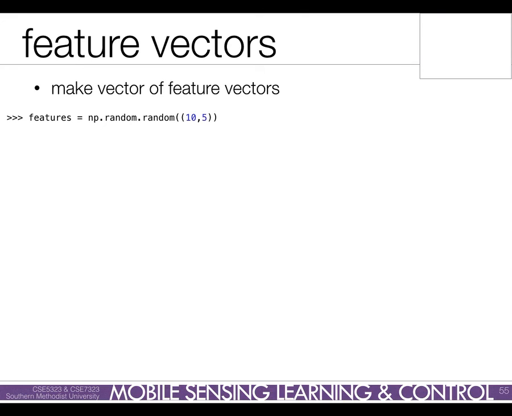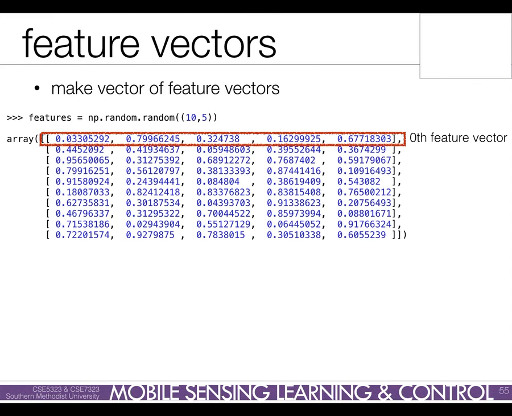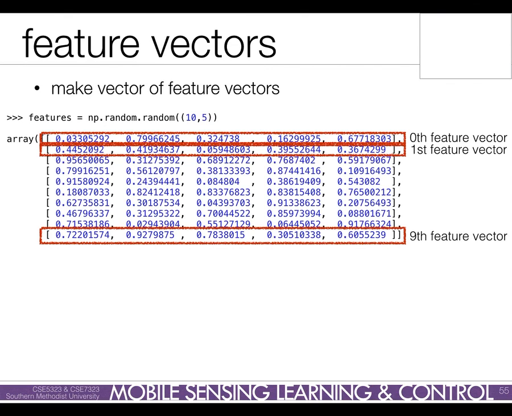So if I were to say features is equal to np.random, and I get a 10 by 5 matrix, this is what it's going to look like. I'm going to get 10 rows and 5 columns. This right here at the very top, that is the 0th feature vector, the 0th observation. Here's the first observation. Go all the way down, here's the 9th observation.